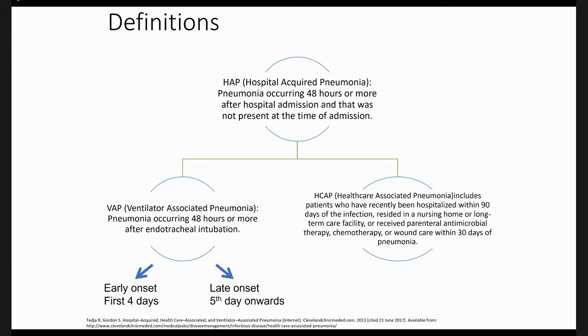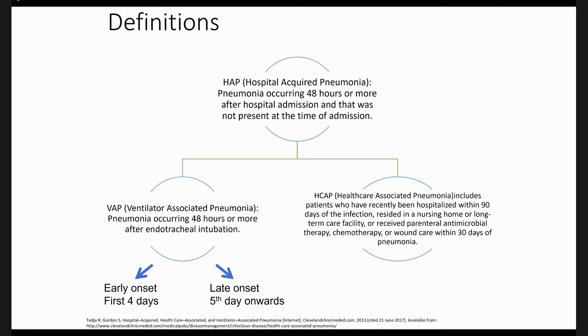For example, a person was admitted with acute pancreatitis, and on admission his or her chest X-ray was normal, but after 48 hours he became short of breath and developed pneumonia. So this will be labeled as hospital-acquired pneumonia because it was not present at the time of admission, and it developed 48 hours after the hospital admission.